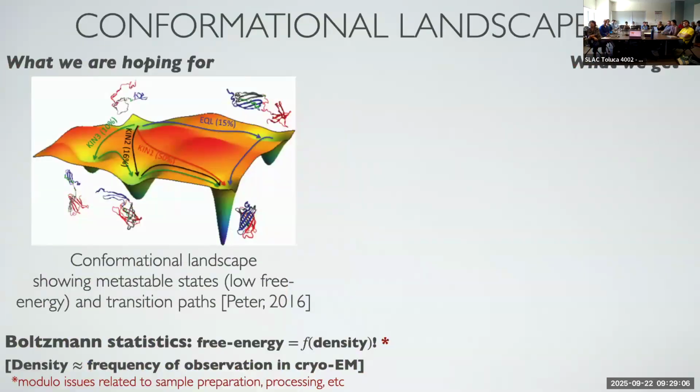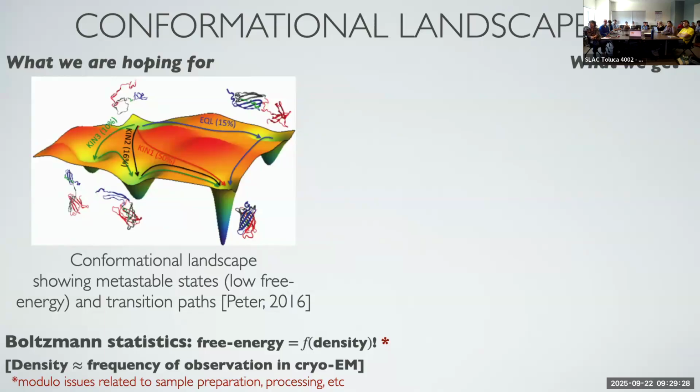Okay, so I want to move on to the third step, which is how do we think about estimating motion from the data set. And really that's related to this great hope that we have in Cryo-EM that we can somehow reconstruct what people call a conformational landscape, okay?